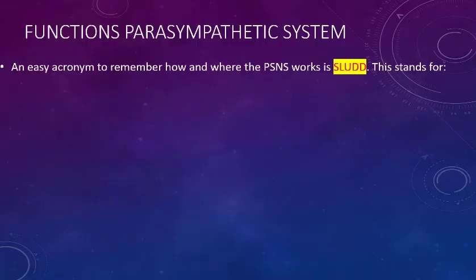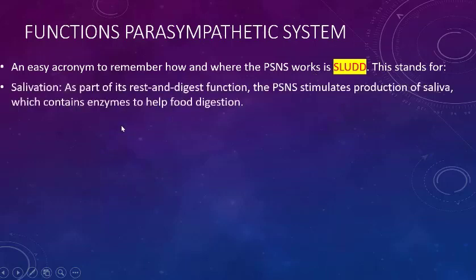Function of the parasympathetic nervous system: SLUDD is the acronym to remember how and where the parasympathetic nervous system is active. SLUDD stands for S for salivation.